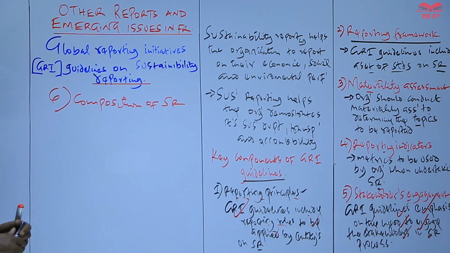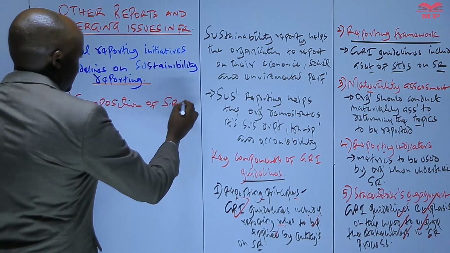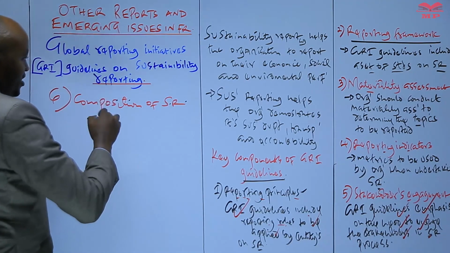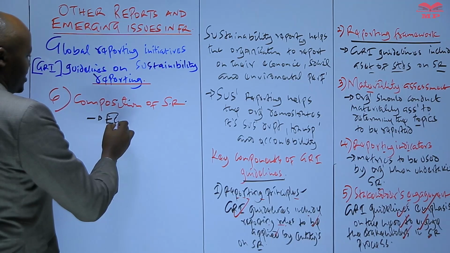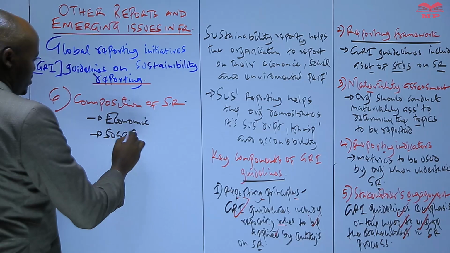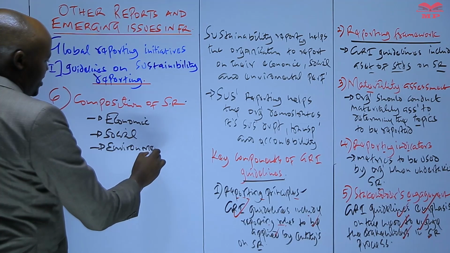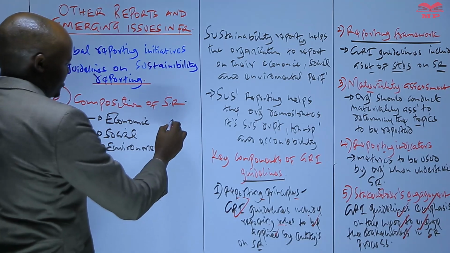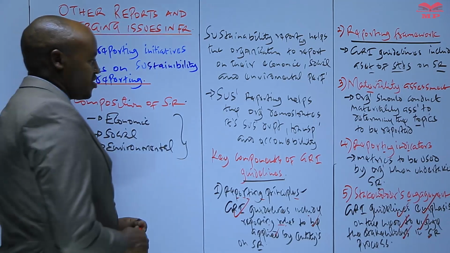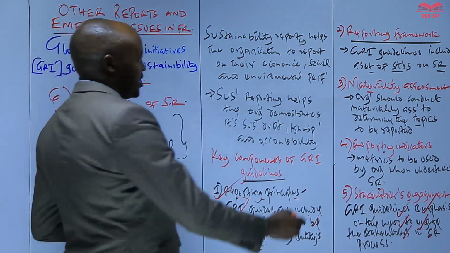In this case, we have said that whenever an organization is undertaking sustainability reporting, it should report on 3 main aspects. That is the economic, the social, and the environmental performance. So therefore, these are the 6 key components of the Global Reporting Initiative.